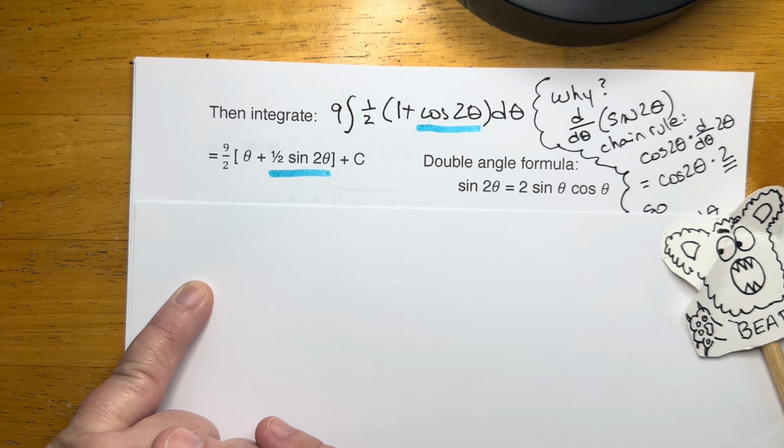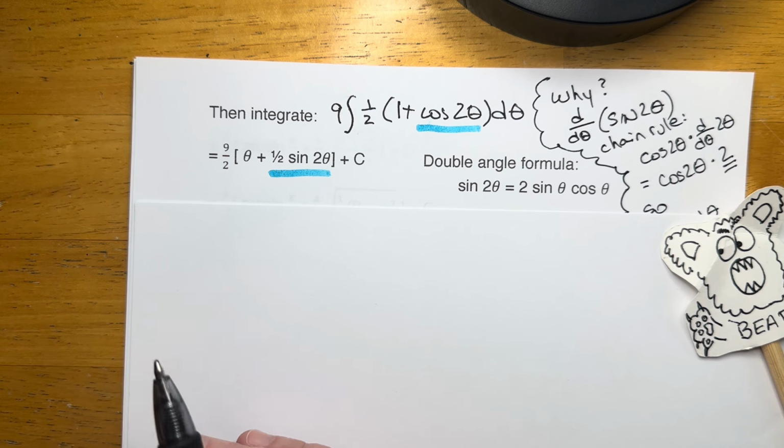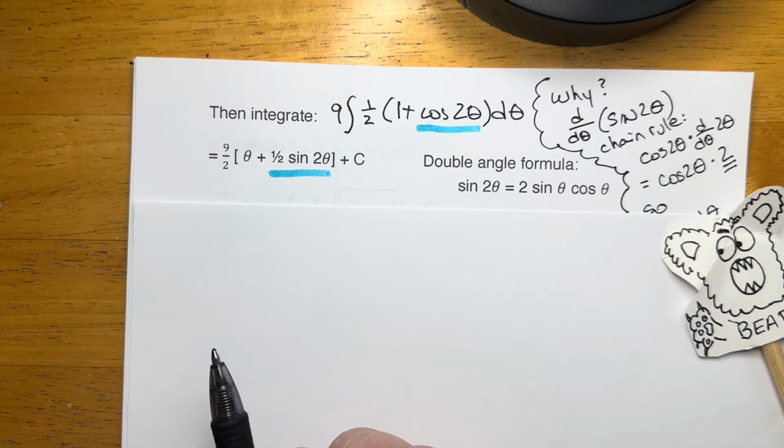There were no trigs anywhere. So what are we going to do? Especially because x equals not sine of 2 theta, but sine of theta. So we're going to have to use the double angle formula to figure out how to come back to just sine of theta.